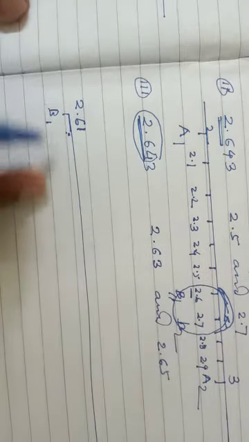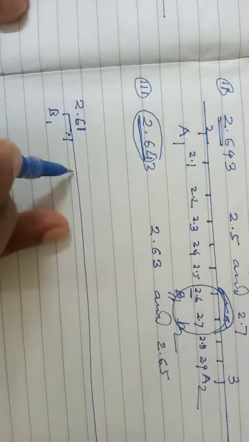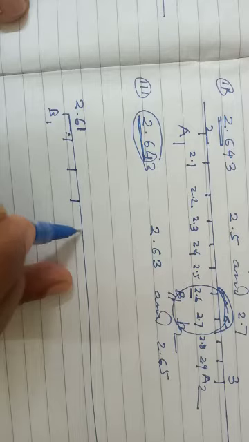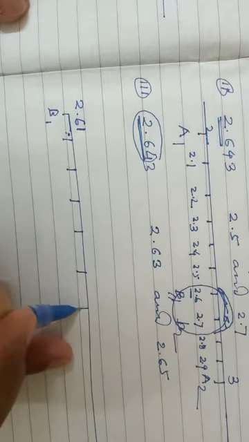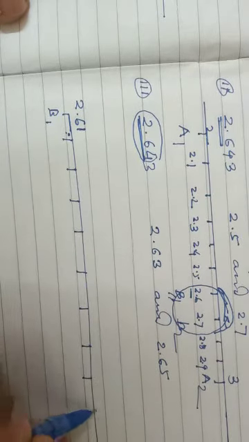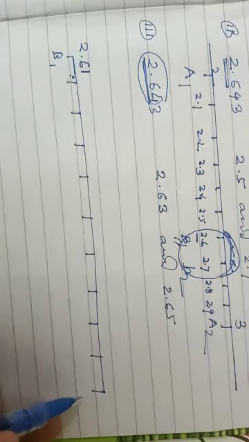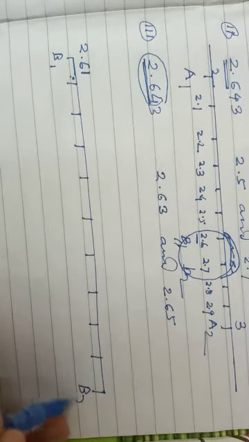First we should divide into 10 equal parts: 1, 2, 3, 4, 5, 6, 7, 8, 9 and 10. That point will be our B2.